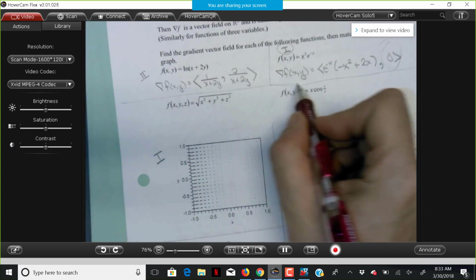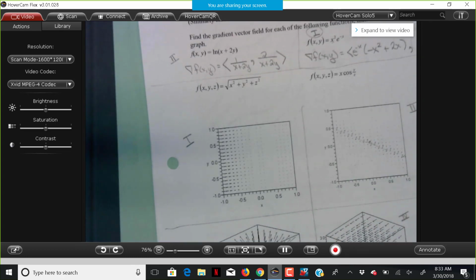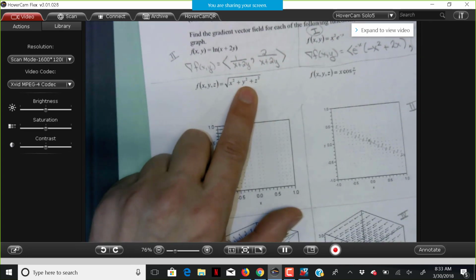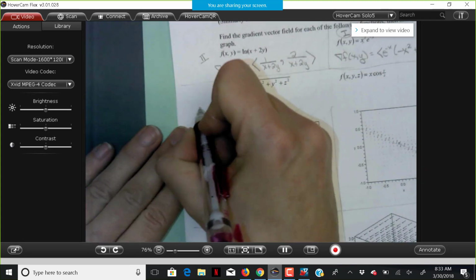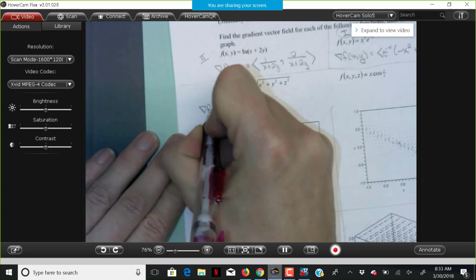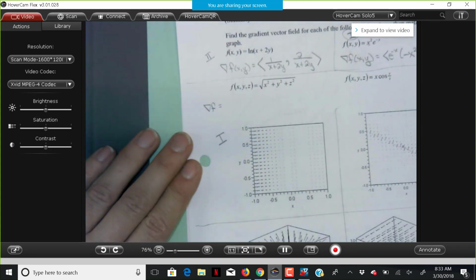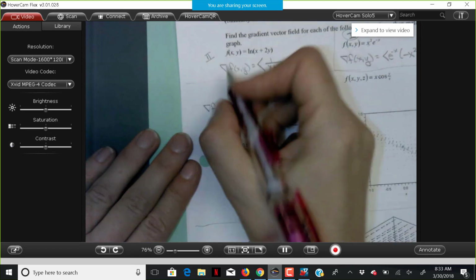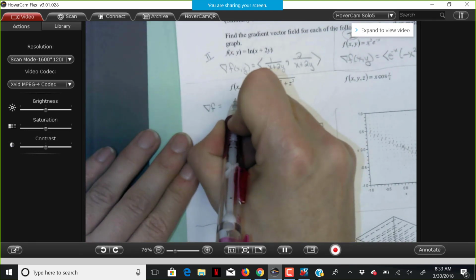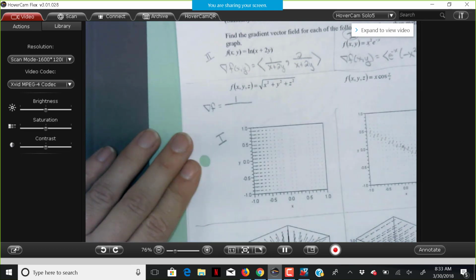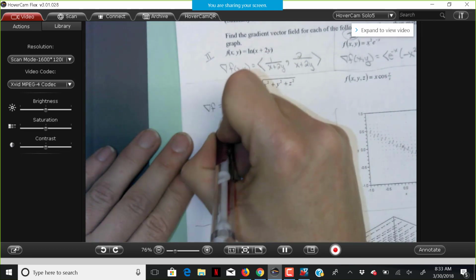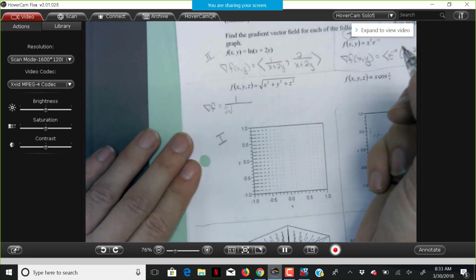Okay, now for the 3-dimensional thing. So I would think of this as (x squared plus y squared plus z squared) to the 1/2 power, and then we'd use the chain rule. And so I know every single component, I'm going to get 1 over 2 times the square root of x squared plus y squared plus z squared.